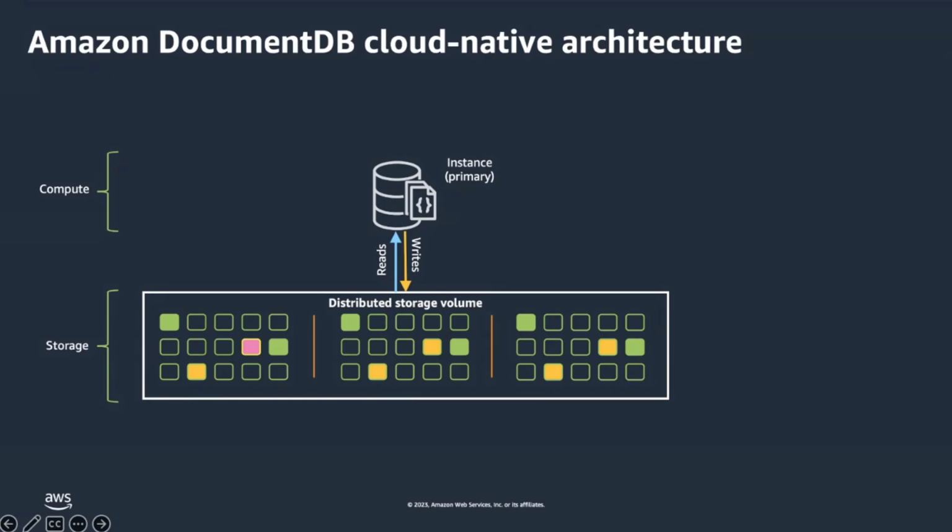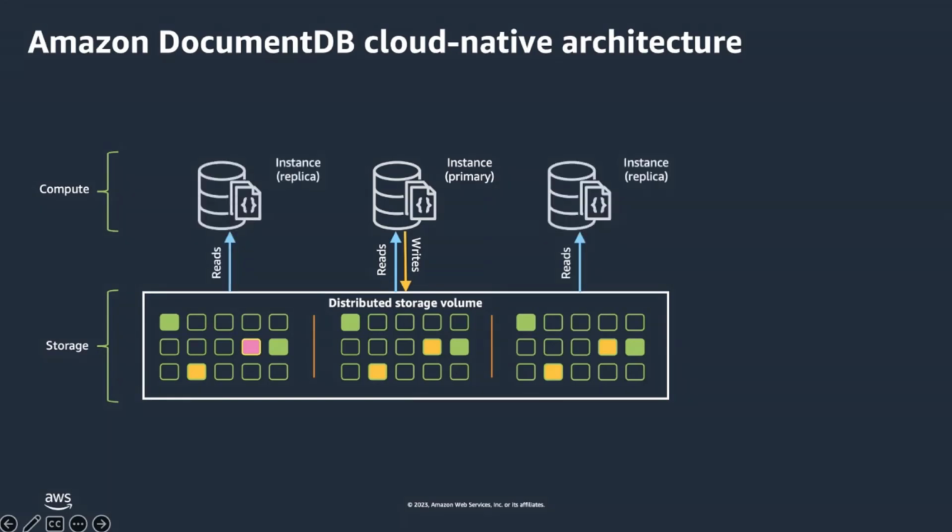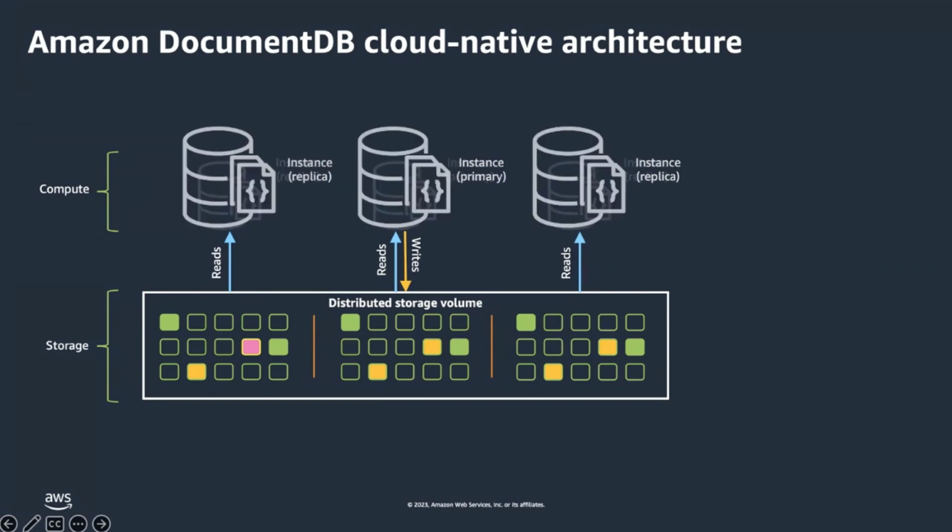For example, I could add or remove instances, or scale up all these instances to a larger instance type for more compute. We can do this in near constant time because there is no data movement between the instances as I'm doing the scaling action.